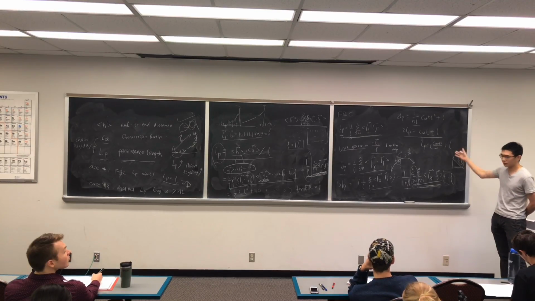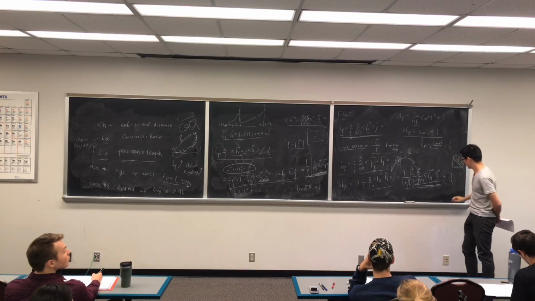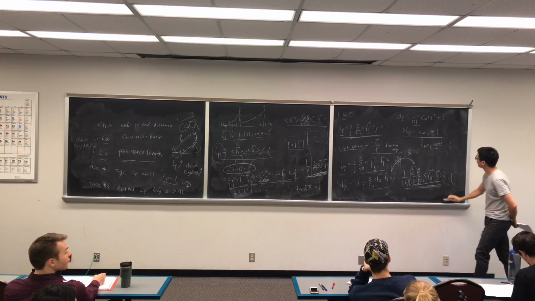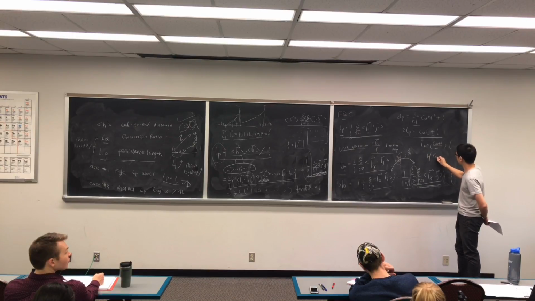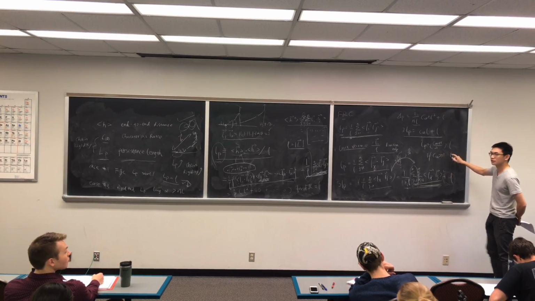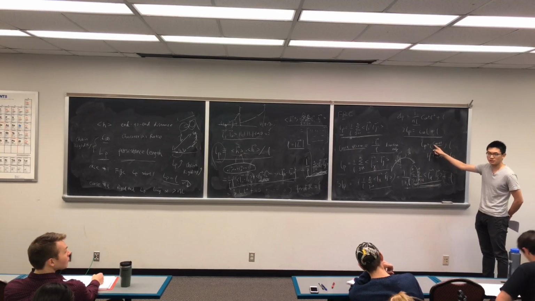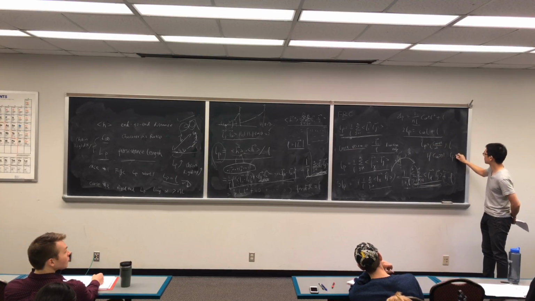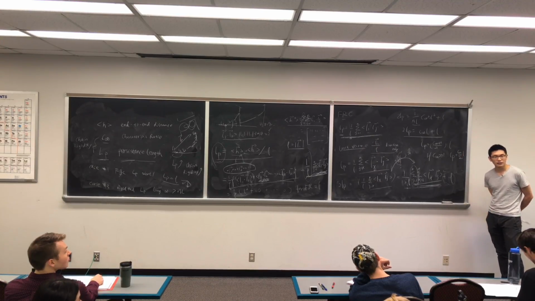And if C infinity is much larger than 1, LP would be just C infinity L over 2, right?